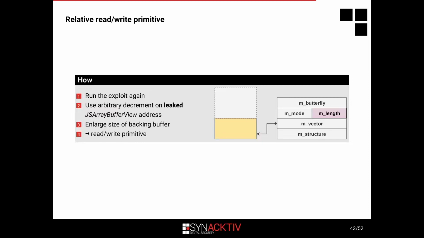We can now get a relative read and write primitive. We will just run the exploit again, use the arbitrary decrement on the leaked JS array buffer view, and enlarge the length field of the JS array buffer view. This allows us to read and write beyond the limit of the data buffer.